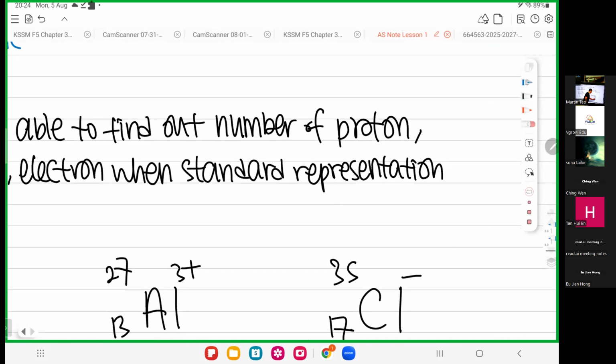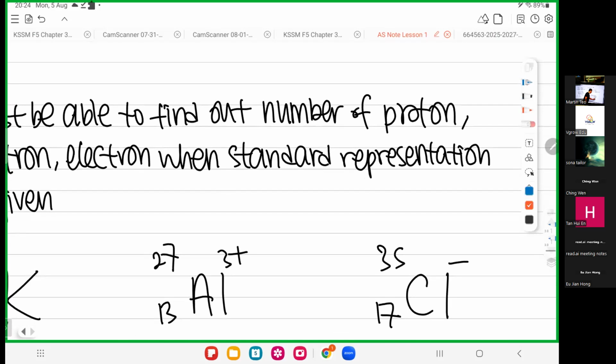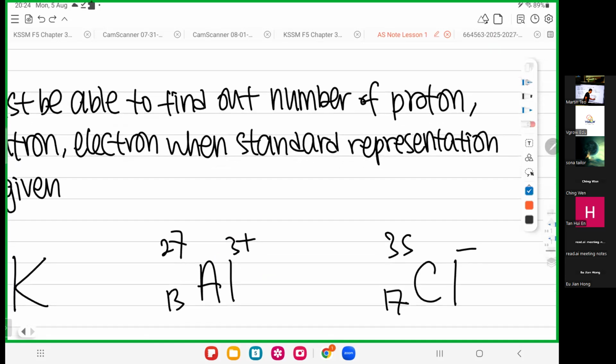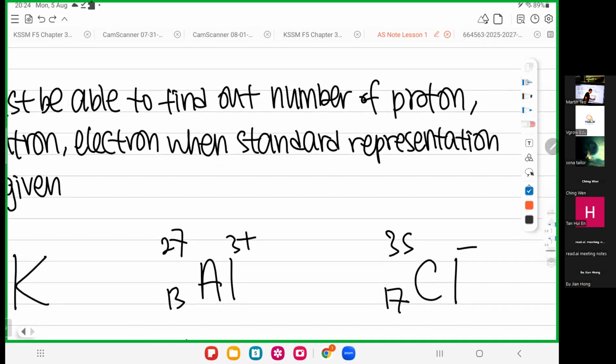So let's increase the difficulty. What if now the particle is charged? When a particle is charged, it will be slightly tricky. What if today we have some ion? There is some charge coming in. So when we have charge coming in, what should we do? All right, so same thing, proton is still the same.